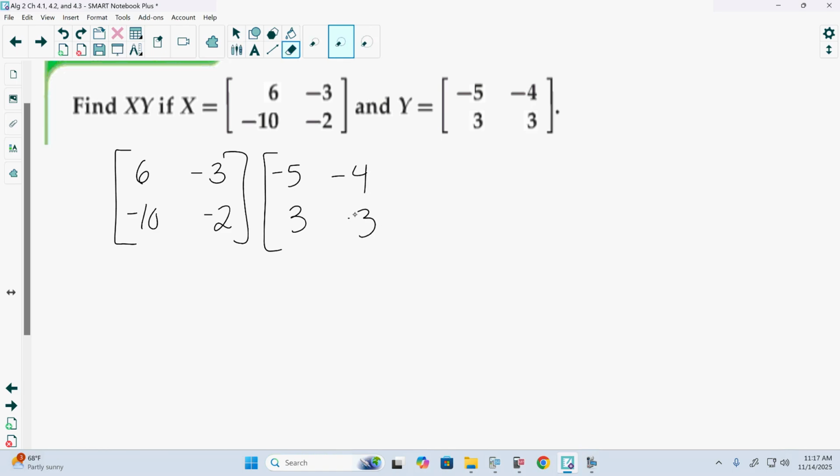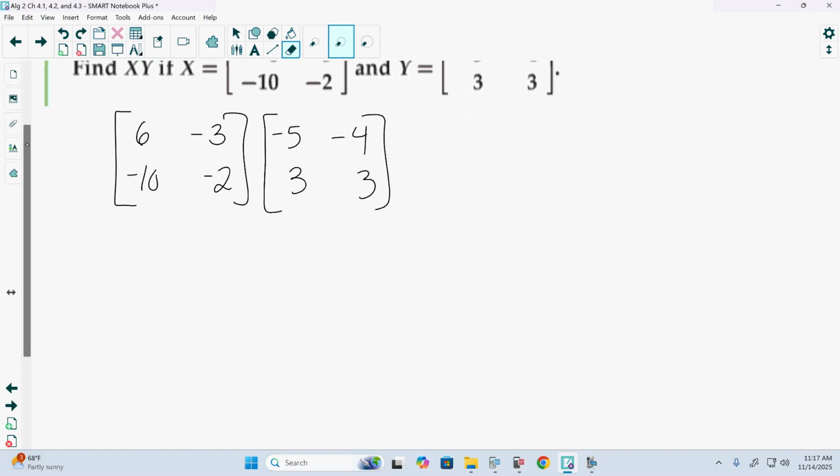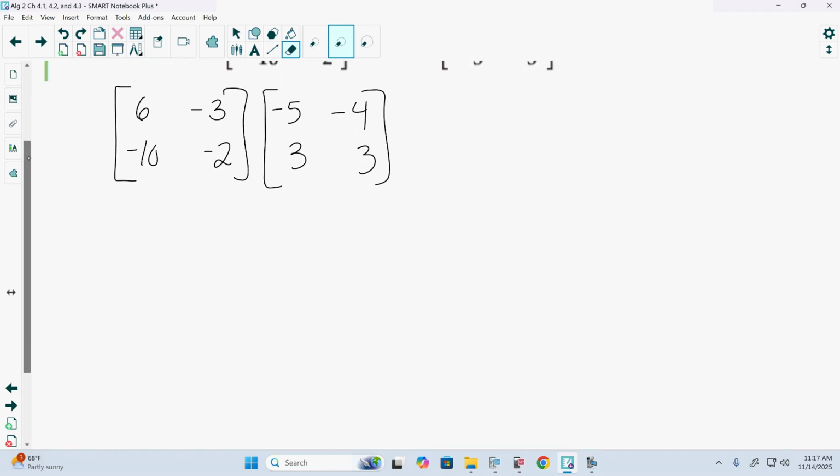So we're going to work through this here. I'm going to show you how to do this by hand. We're going to do one by hand, but really, I think after this, we're going to do everything in the calculator. We're going to let it do it for us.